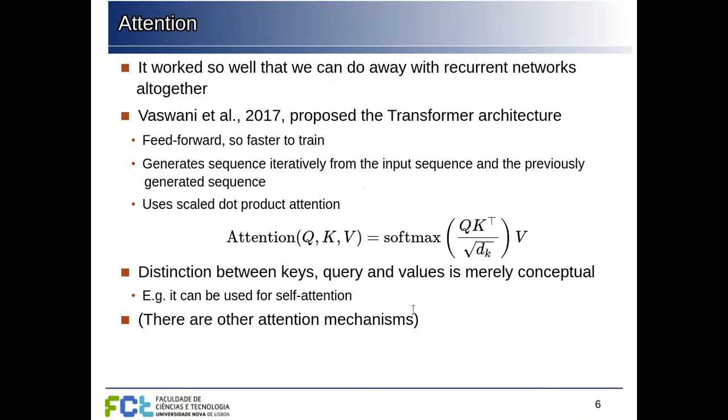There are other attention mechanisms, but we're going to look at this one, which is the one implemented in this transformer architecture, and it's called scaled dot product attention because we are scaling this by the square root of the dimensions of these vectors here. So query and keys have the same dimension, and we divide by the square root of this dimension so that we retain these products more or less in the same scale, the same variance, and so on.